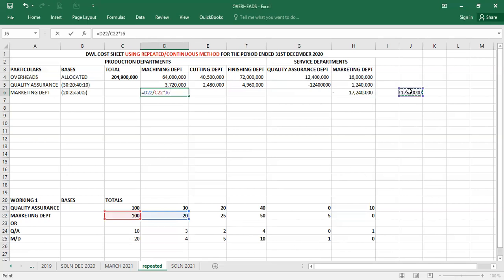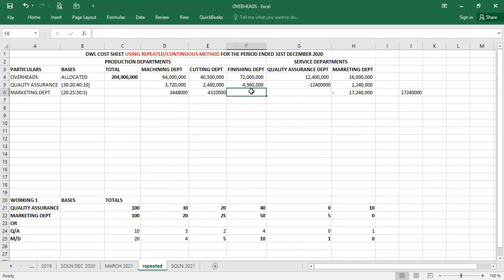Hope you get what I'm talking about. So we go to the next one. It will be equal sign this, divide by this. Then we multiply by this.